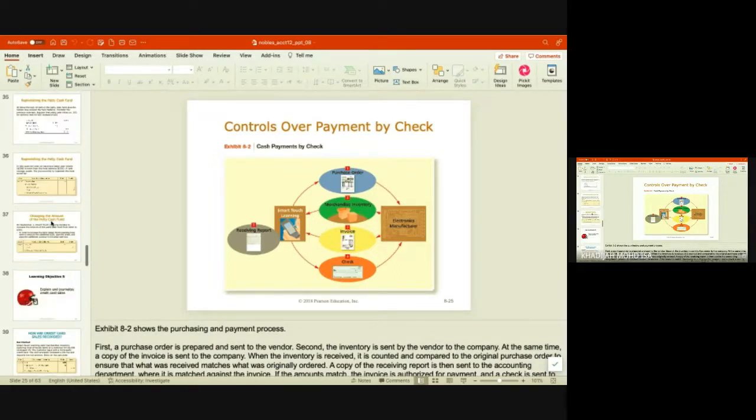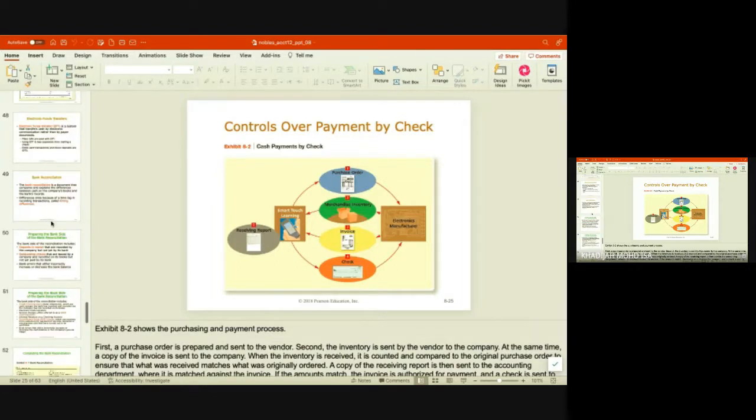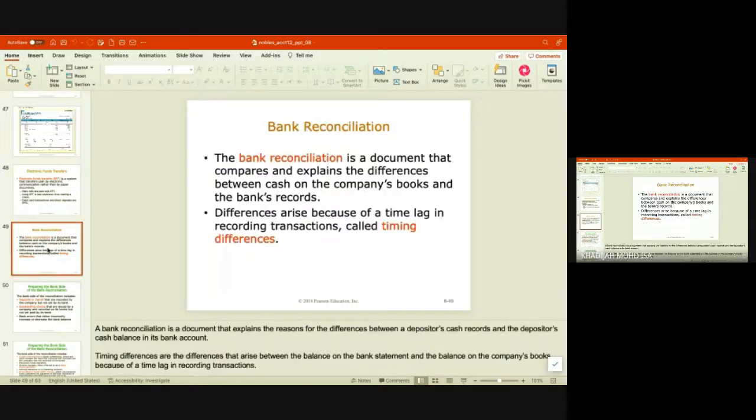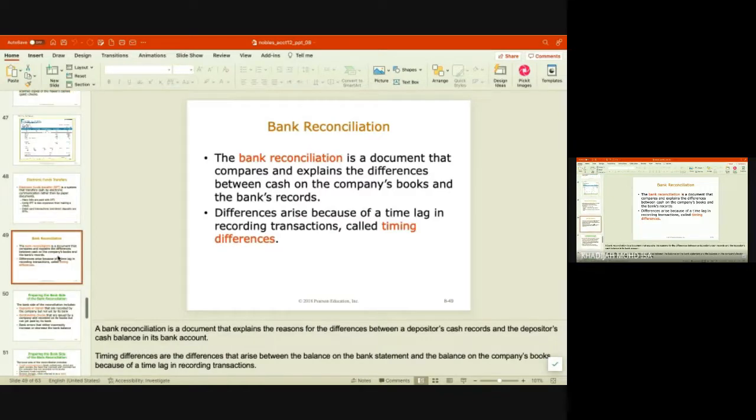Where is the bank reconciliation? Control device, bank, here only. In slide 49, only then comes bank reconciliation. Everyone listen to me clearly. This bank reconciliation is normally tested. I think that will be in the final exam.